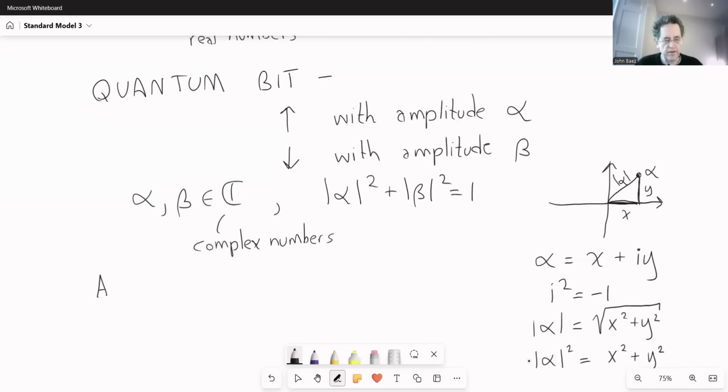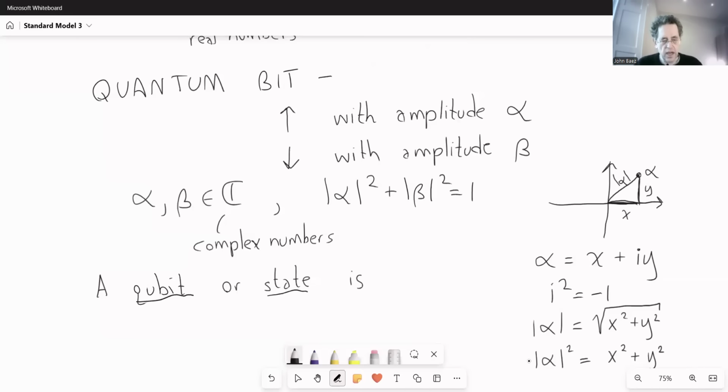So a qubit, I will now officially define it. My underline is supposed to mean definition. And I will also sometimes call it a state. It is a quantum state of a system with two alternatives.